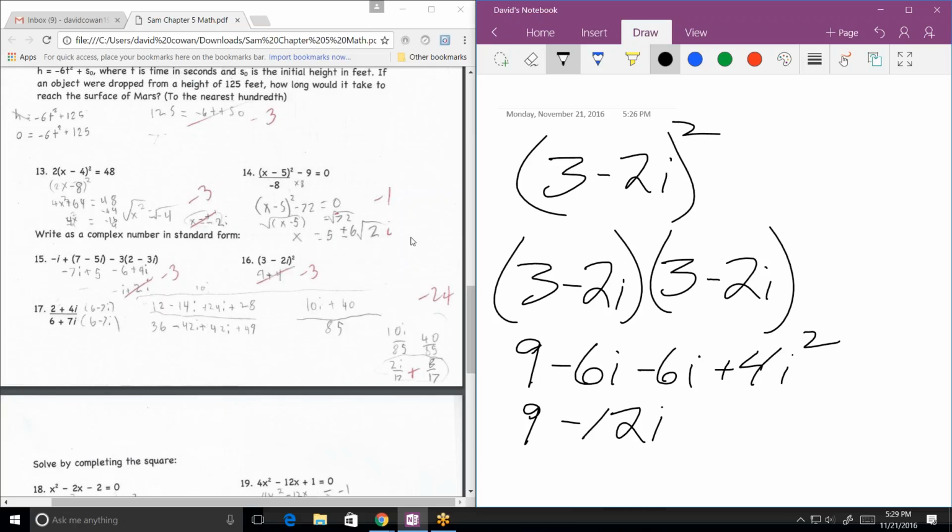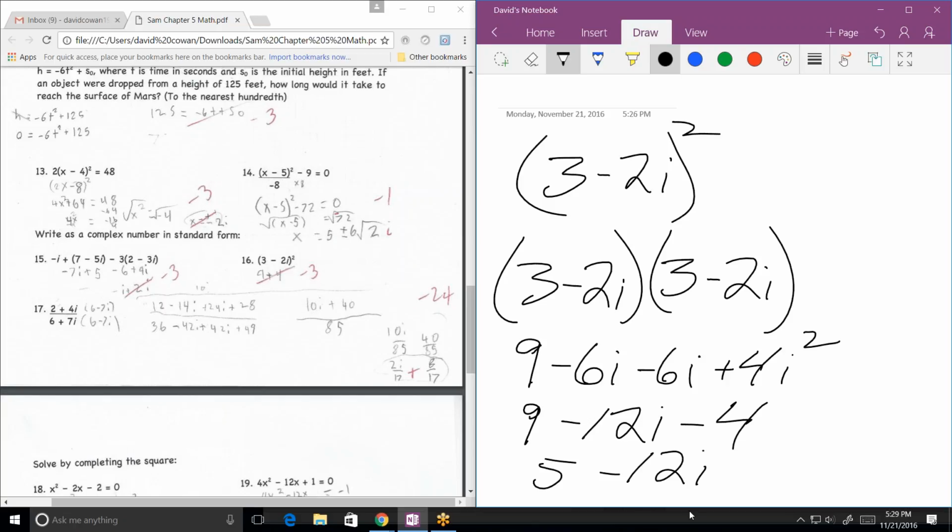Well, i squared is equal to minus 1. 4 times minus 1 is minus 4. So yes, it becomes a minus 4. So what's the final answer? 5 minus 12i. Yeah.